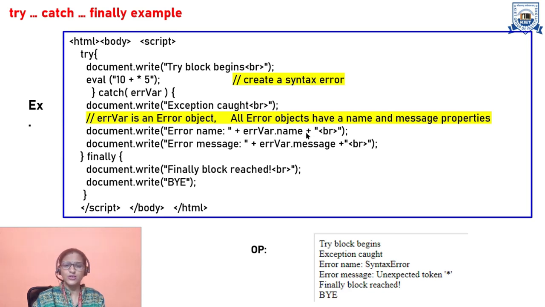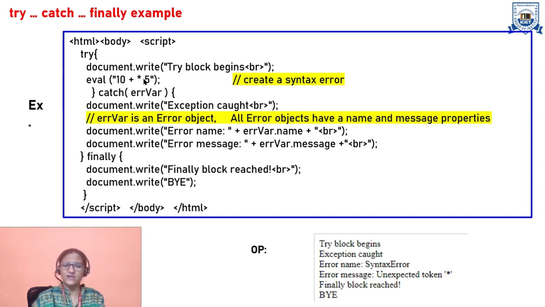So here, err var dot name will give the error name. This is a syntax error, so it will give you the syntax error. And for the error message, err var dot message. So what is the message associated with this error? That this token is unexpected, because first of all it has a plus, then we got the multiplication.